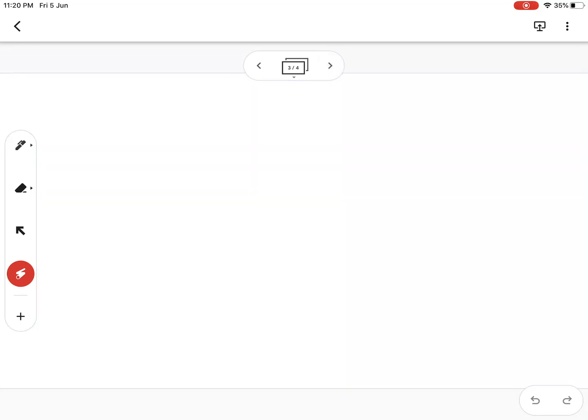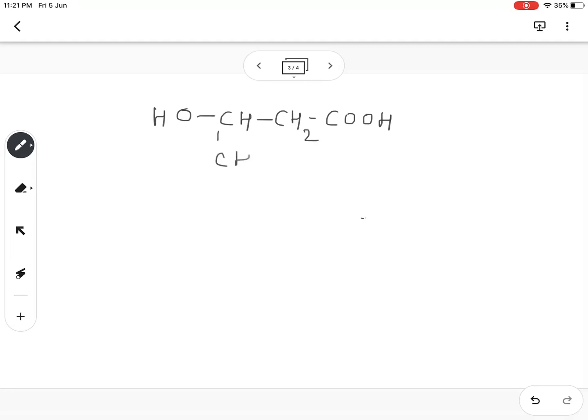Now, since PHB is a polymer of D-beta hydroxybutyrate, we will write the structure of D-beta hydroxybutyrate. Essentially it has 4 carbons: CH2, then CH, OH and CH3.